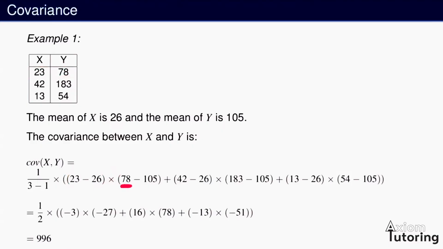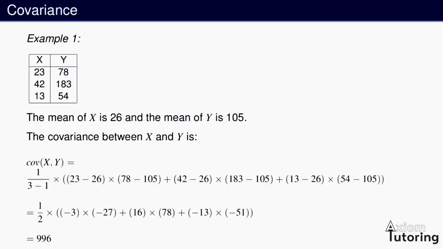So I have 78 here, minus the sample mean of y. Okay. And we do that for every single observation. So for example, for the second observation, x is 42. We subtract the sample mean of x times 183, which is the value of y for the second observation, minus the sample mean of y, etc., etc. And when we're done with the calculation, we get a value of 996.